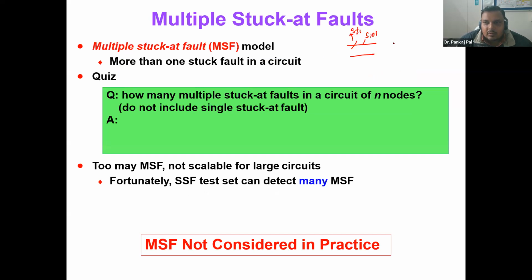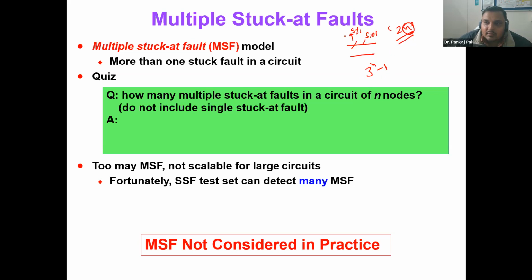As I already told you, if you are going to find the single stuck-at fault, then there are a total of 2n combinations, if n is the number of lines. But if you are going to find the multiple stuck-at faults, there are 3 to the power n minus 1 combinations. Why 3 to the power n?